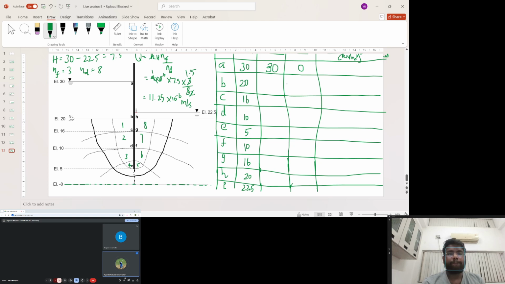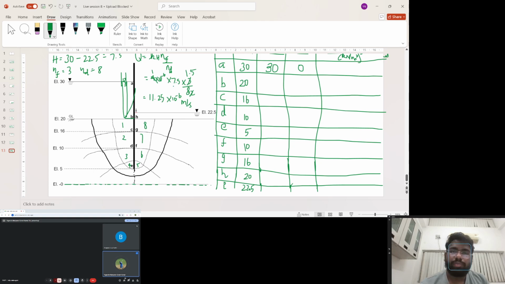So similarly at B, if you keep the piezometer here, it will again rise to this point. So elevation is 20, and the water will rise up to here in the piezometer.